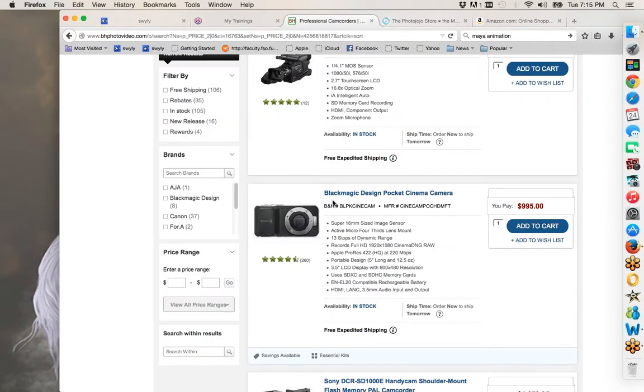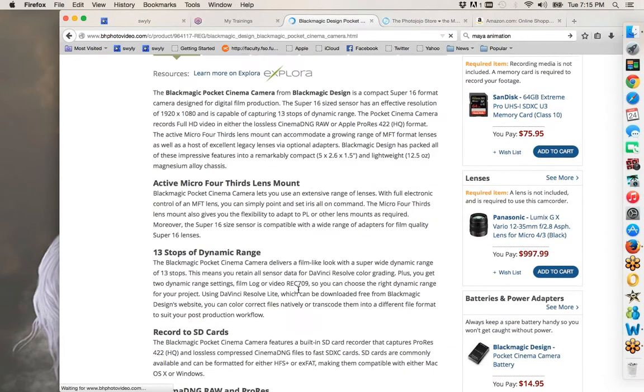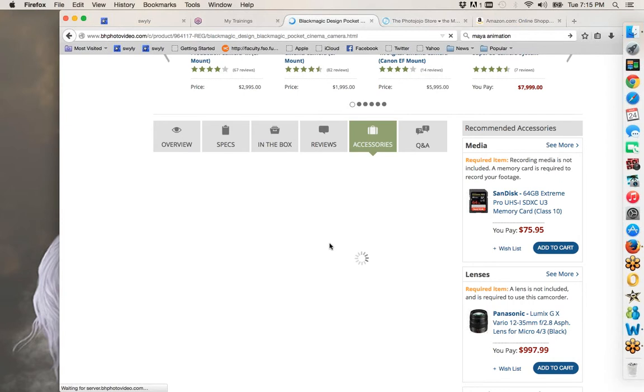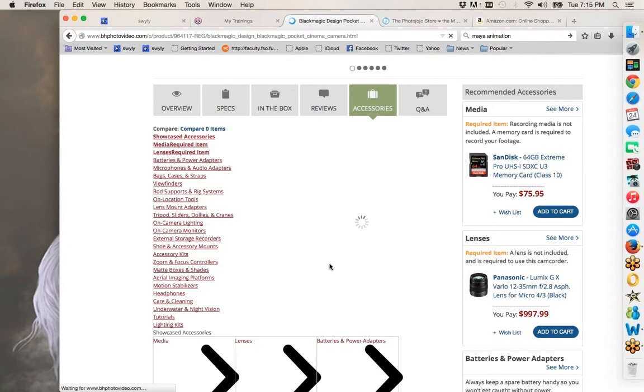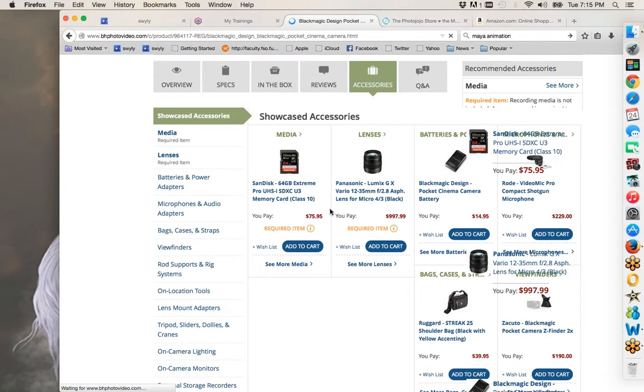You'll notice that this little Blackmagic is a fairly well-known camera and fairly easy to use, but you'll also notice that it's missing something. It doesn't have a lens. And in fact, if you look at it, what you'll find is that the lenses can easily run another $1,000.